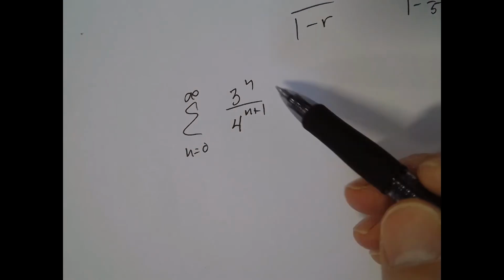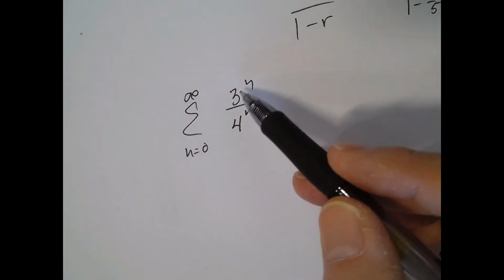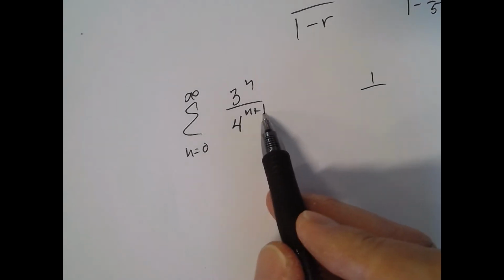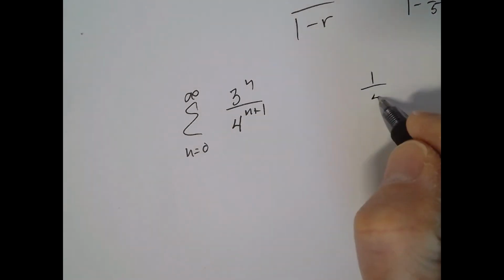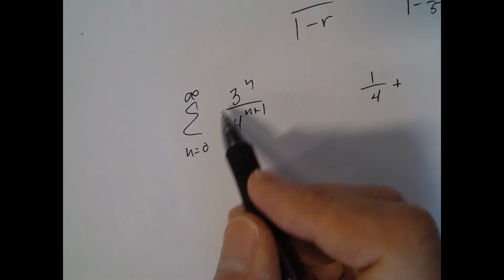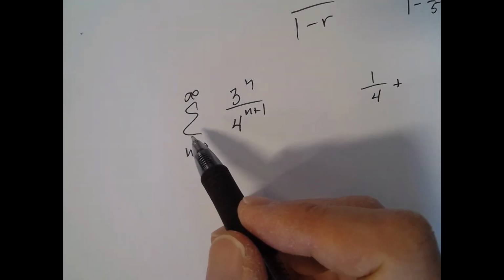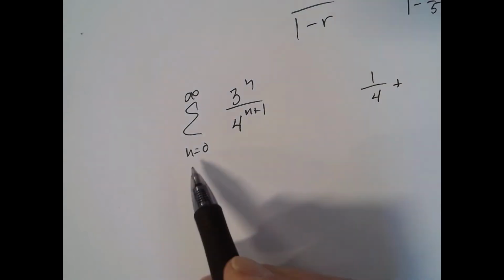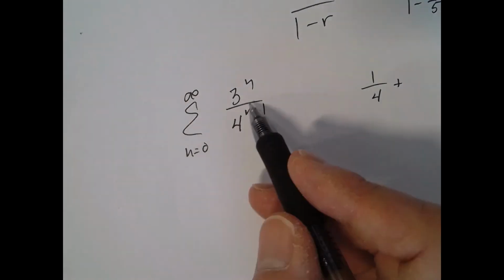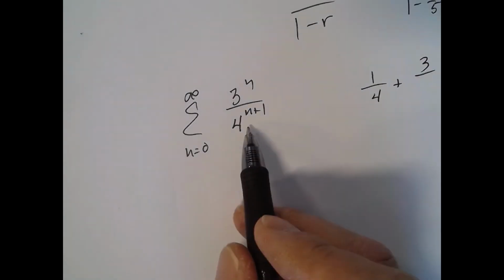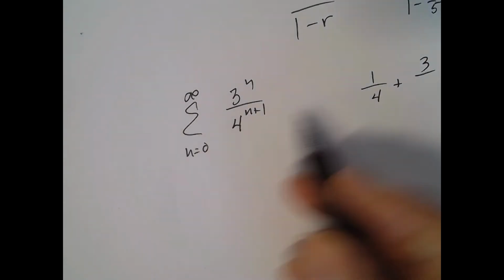So if I plug in 0, I'm going to get 1 over 4 to the first, so it's 1/4. And this sigma notation implies that we're adding them all up. So 1/4 plus, now I'm going to plug in 1, I get 3 over, plugging in 1 here, 16.